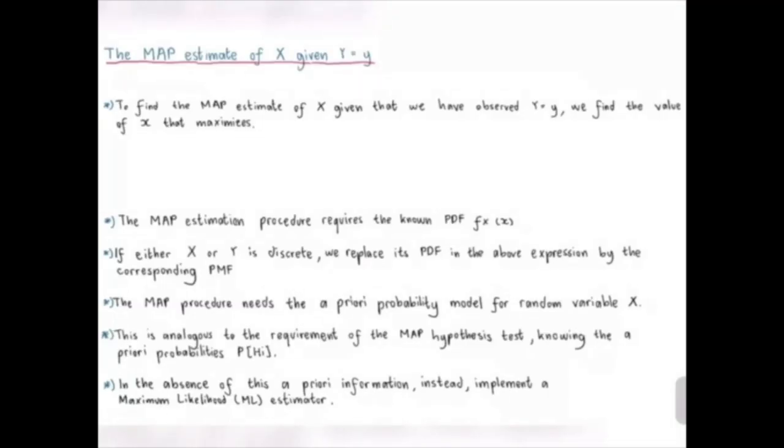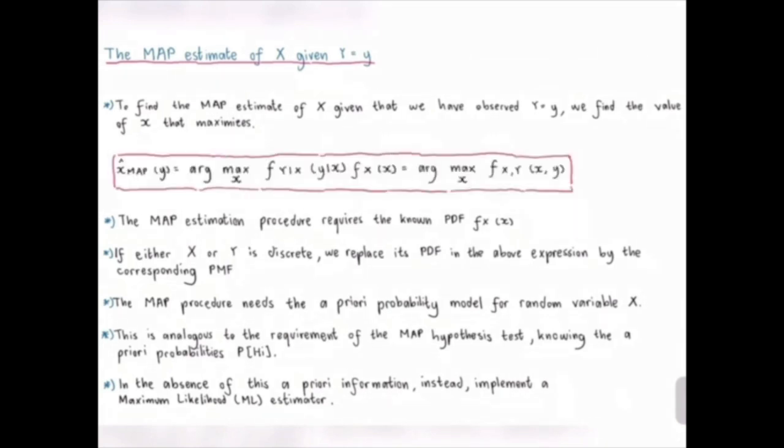Okay, after that, the MAP estimate of x given y equals y. To find the MAP estimate of x given that we have observed y equals y, we find the value of x that maximizes this equation, which is x estimator MAP of y equals argmax over x of function y given x times function x.